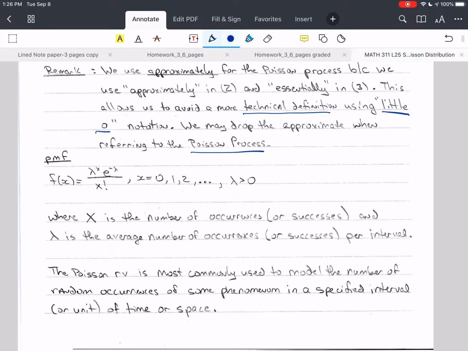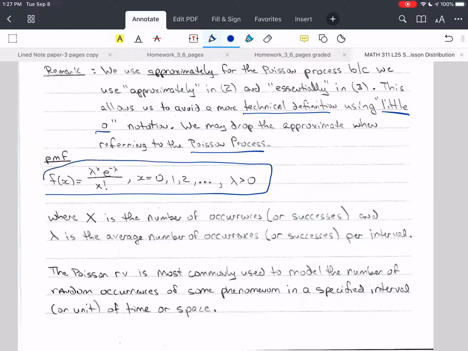Okay, there's a logical derivation for the PMF, talking about the different ways that this comes about, the probabilities and such. You're welcome to look at that in the book. I'm just going to go ahead and give you the PMF. Notice that if I don't have a value of lambda, not only do I have to give the support of x, I also have to tell you the values that lambda, the parameter, can take.